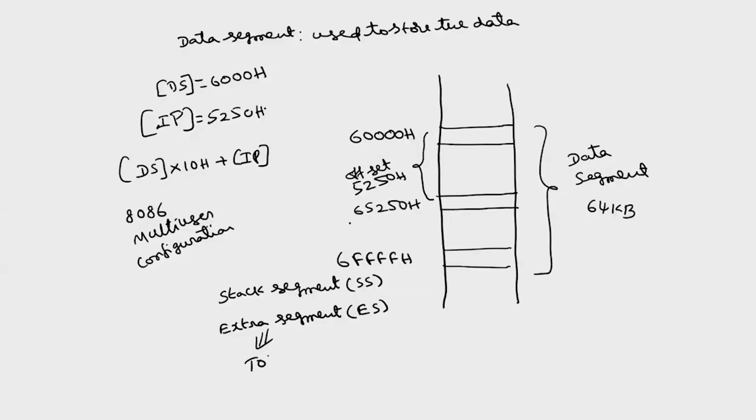Or, as I have told, in a multi-user configuration, if two users want to share common data, that common data also can be stored in the extra segment. So the extra segment can be used for storing the excess data and also the shared data among the multiple users.